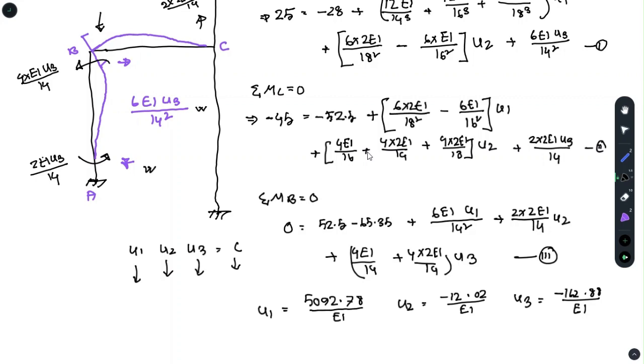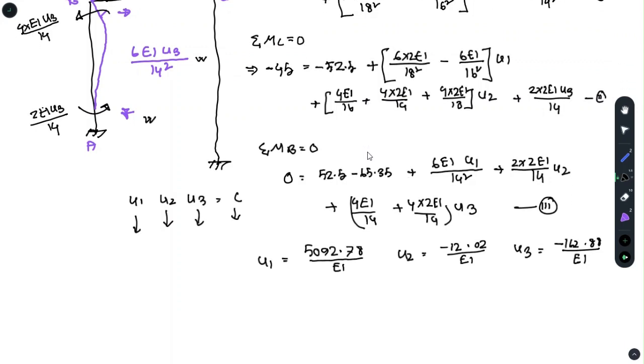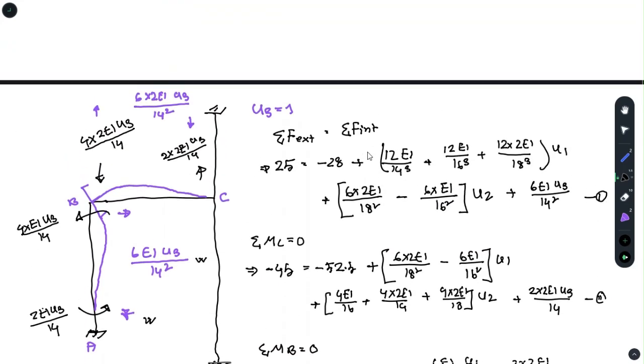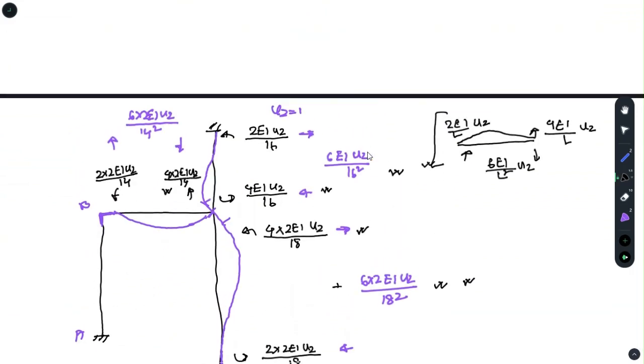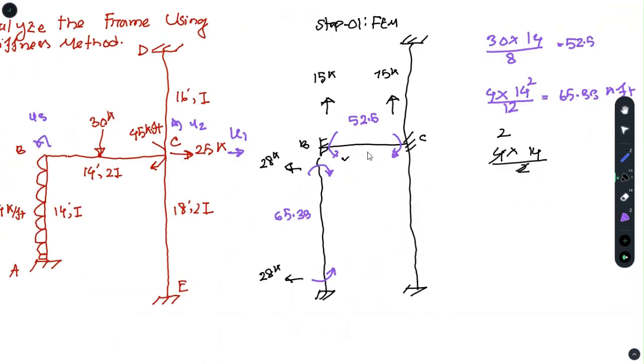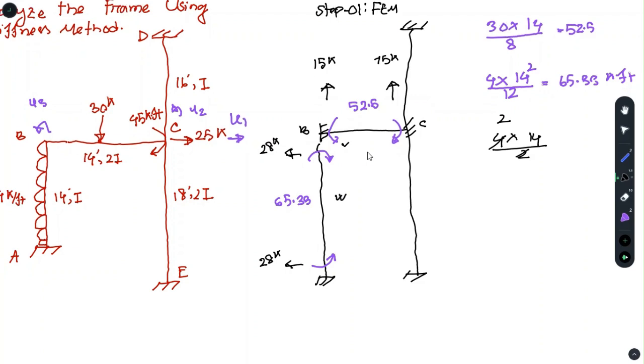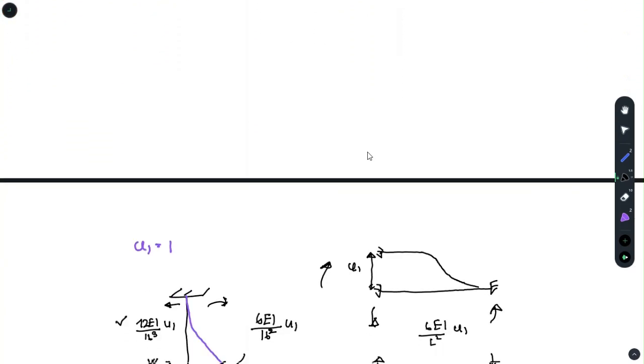Let's say at point A you want to find the moment AB. How do you do it? You go to the very first picture. You have a moment of 65.35 and it's anti-clockwise. So from the first picture you are getting 65.35 for fixed end moments.